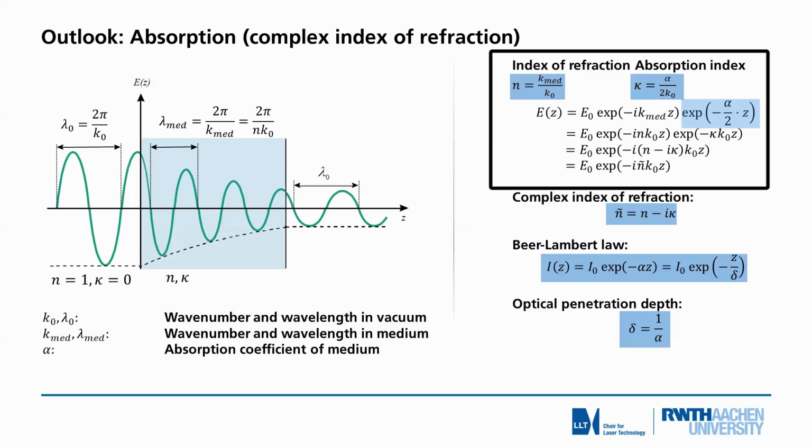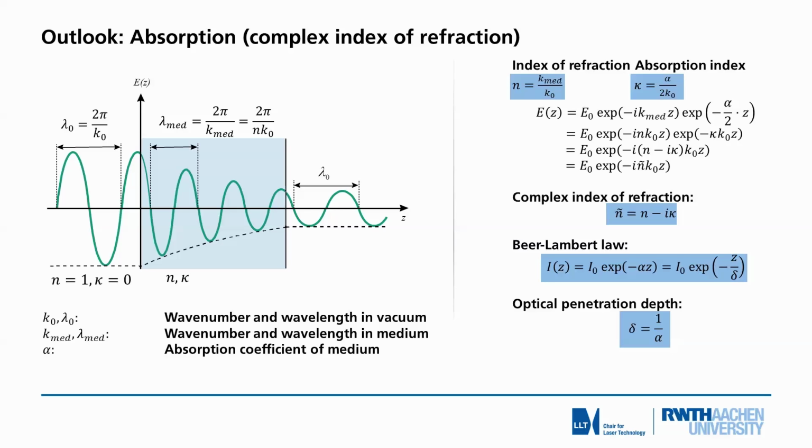And so the characteristics of what happens can be expressed by exactly two properties of the material, which are the index of refraction and the absorption index. That is why we combine those into a complex index of refraction. This n tilde is n minus i times kappa, kappa being the absorption index.